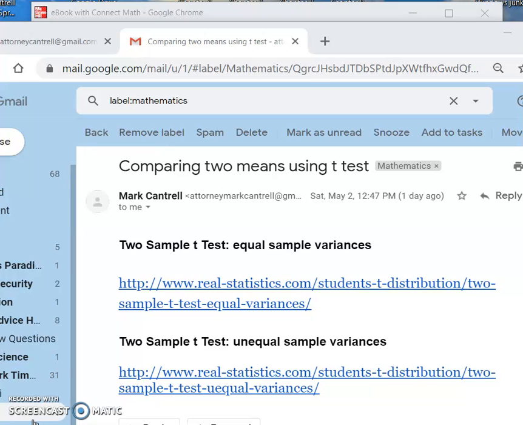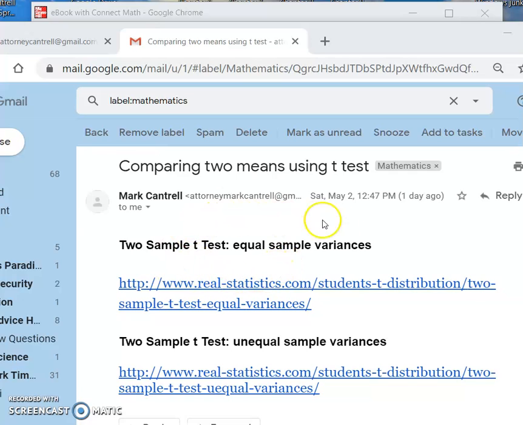Then I copy and paste the web link, and I email it to myself, and of course I put a little bit of a title up here so I know what I'm talking about, and here's my subject line. I emailed this to myself the other day. So now I've got it ready to go if I ever need it in the future. Gmail is so great. It's very, very easy to organize things.